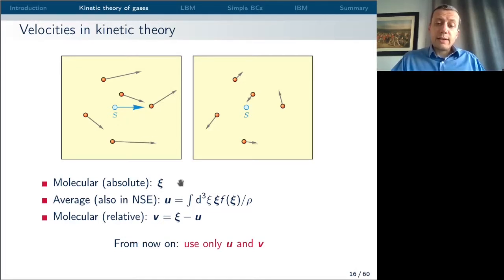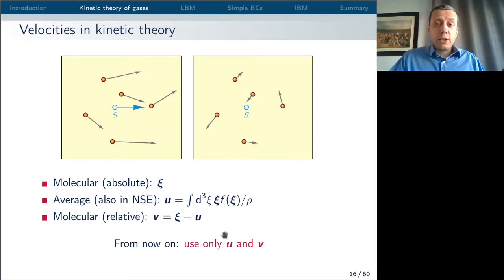So while psi is the absolute velocity of your molecules, we define V as the velocity relative to the center of mass of these molecules in a given box, where U is the velocity of the fluid in the box on average. And for us, it is more convenient to use U and V rather than psi.